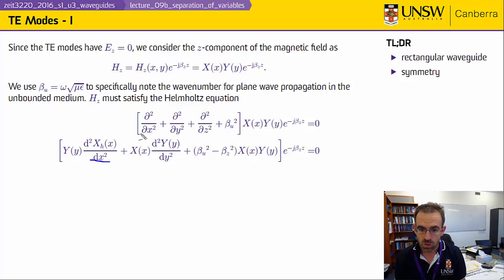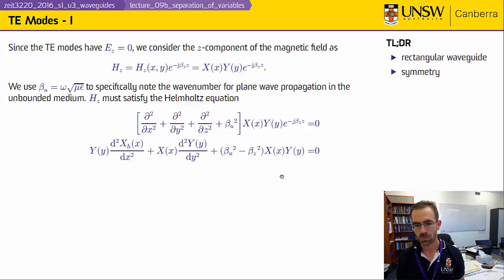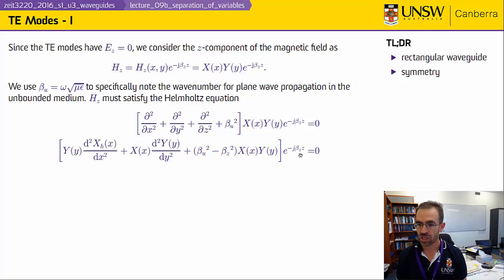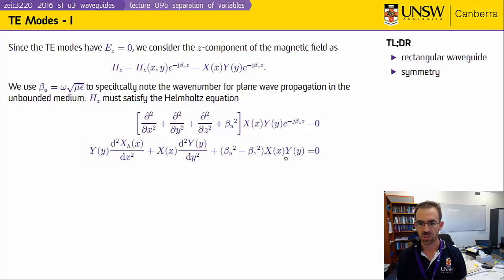And minus j times beta sub z, quantity squared, is minus beta z squared. So my Helmholtz equation in this line changes to this form. Notice I factored out my e to the minus j beta z times z. Since the right-hand side is equal to 0, I can multiply both sides by e to the plus j beta sub z times z, and it goes away, as we see here. And we have this form for our equation.